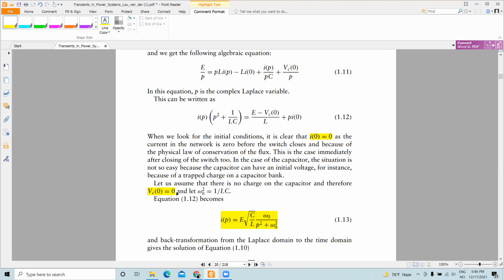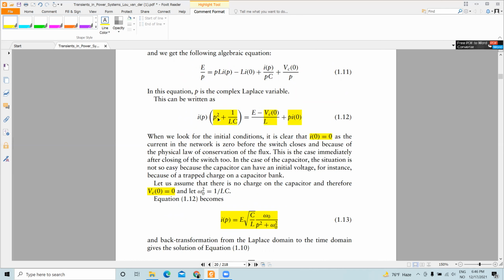VC0 equals 0. You simplify this 1.12, so I of 0, this part becomes 0, VC0, this part becomes 0, and then I of P will be basically E over L, and if you simplify here, LC will be in the denominator.